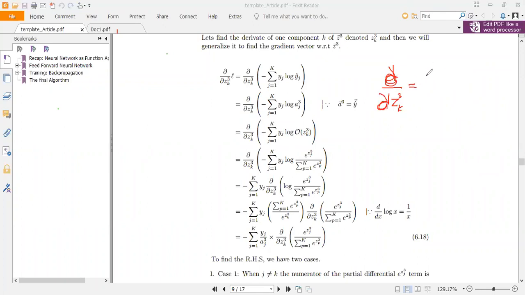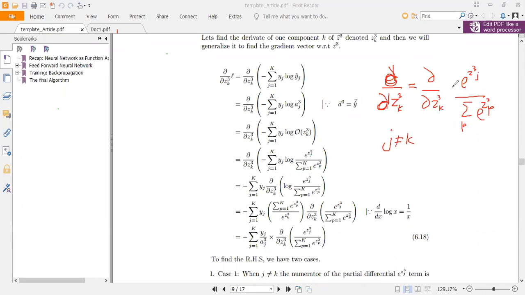This will be equal to the differentiation of, as you can see here, nothing magic here, e to the power of z3j divided by summation over p e to the power of z3p. Now there are two cases here. Let us take the case when j is not equal to k.